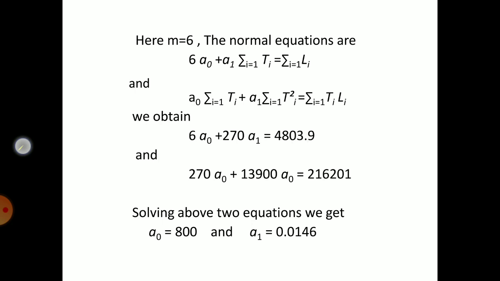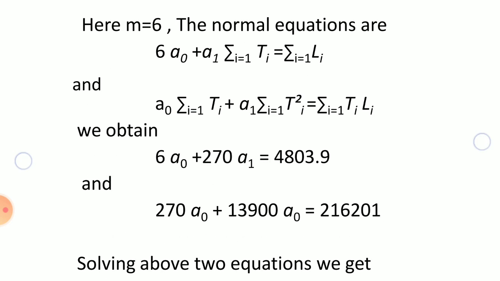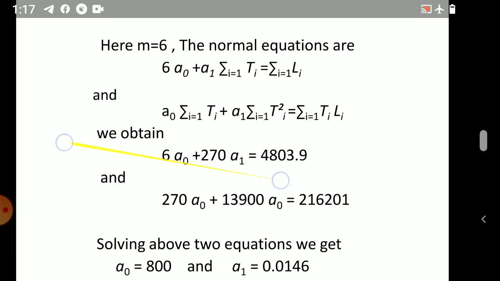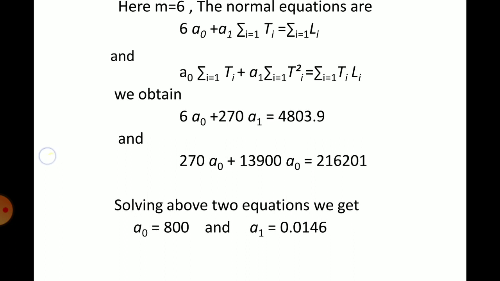Similarly, the second normal equation becomes 270 a0 plus 13,900 a1, this is again a printing mistake, this is a1 not a0, and it equals 216201.